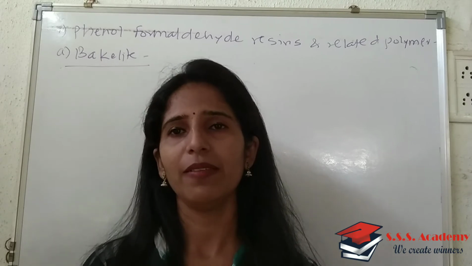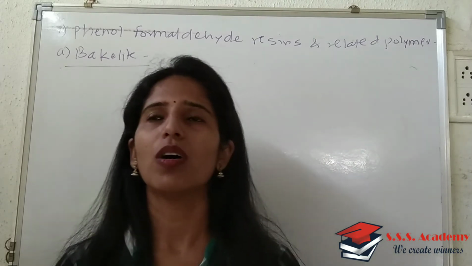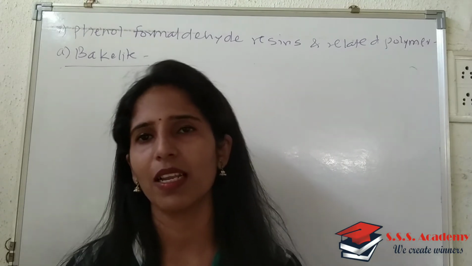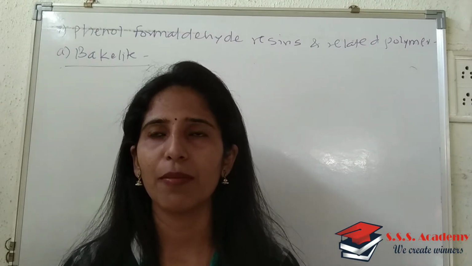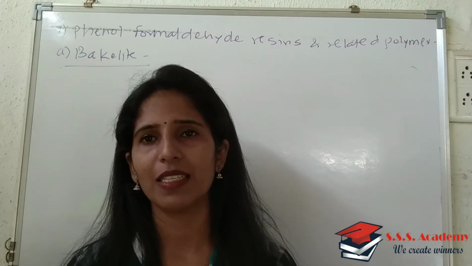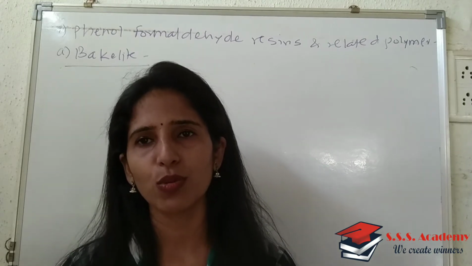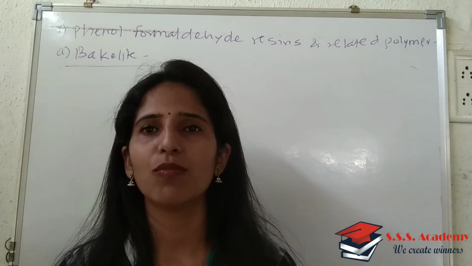So first you will write phenol and formaldehyde are used as a starting material. In second you will write phenol and formaldehyde at higher temperature and pressure condition in presence of acid and base as a catalyst gives the bakelite as a polymer in two stages. In first stage, novolac is obtained, which is nothing but the molding powder.